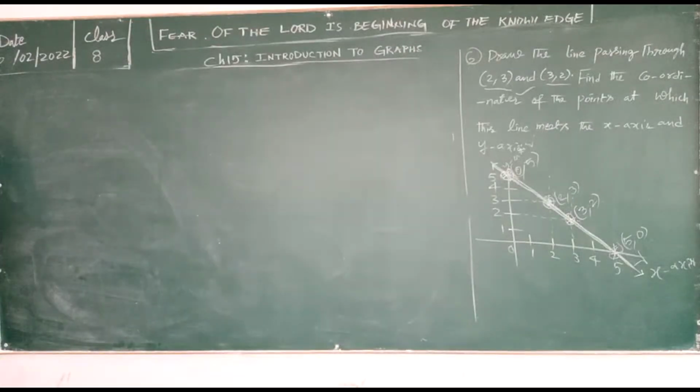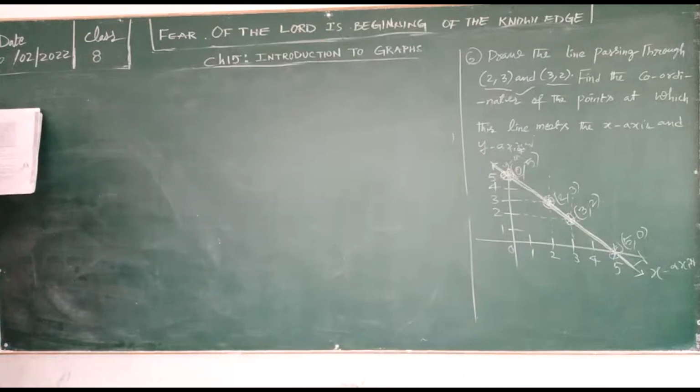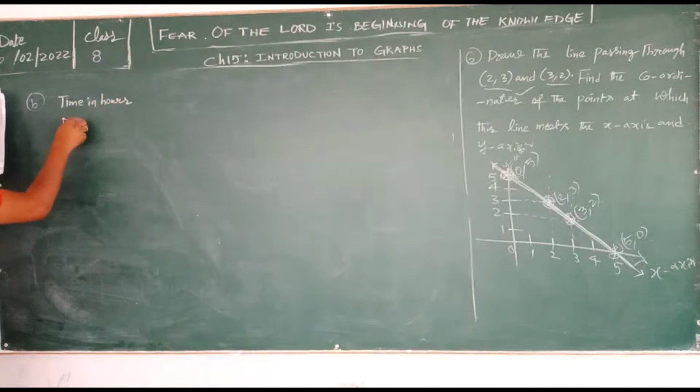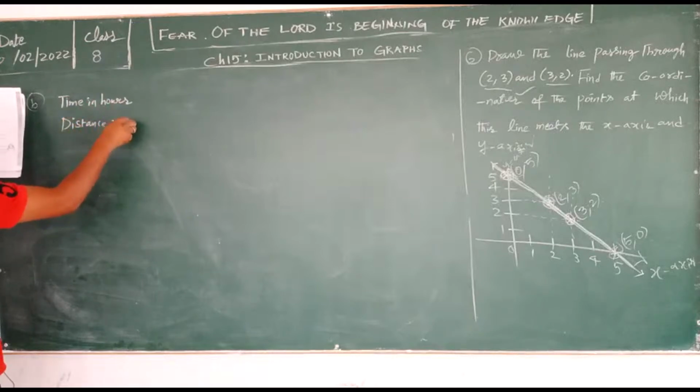Let's move on to the second one. Distance traveled by a car. It is 1B. Time in hours, and then distance in kilometers.